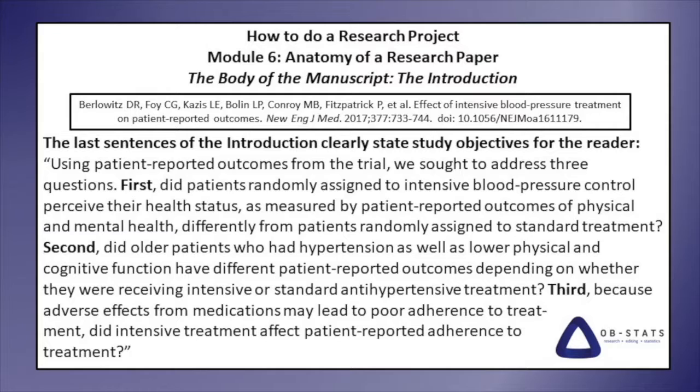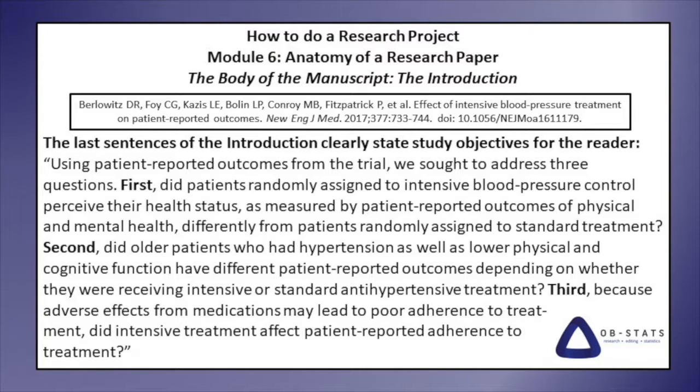Taken from the last sentence of a study by Berlowitz and Capri et al., the authors write, quote, "Using patient-reported outcomes from the trial, we sought to address 3 questions. First, did patients randomly assigned to intensive blood pressure control perceive their health status, as measured by patient-reported outcomes of physical and mental health, differently from patients randomly assigned to standard treatment?